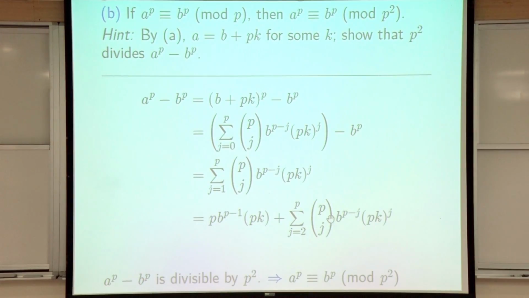And for this part, we have J equal to 2 or more. And here we have PK to the power J. So this part is also divisible by P squared. So we know that A to the power P minus B to the power P is divisible by P squared. And hence A to the power P is congruent to B to the power P mod P squared. Is everyone okay with this part? Okay.